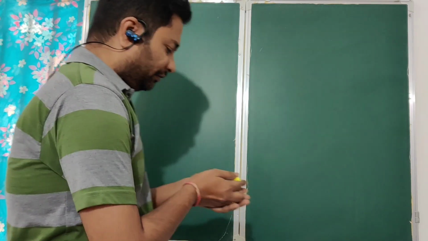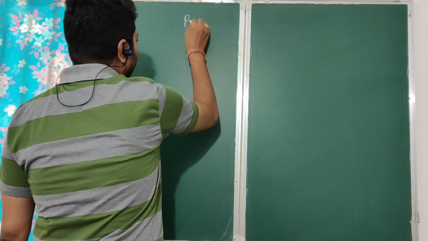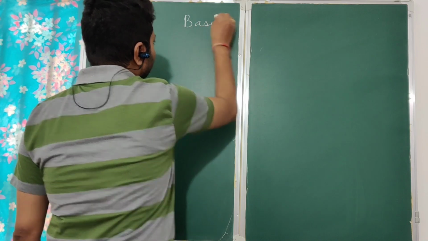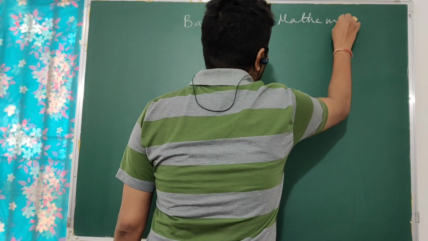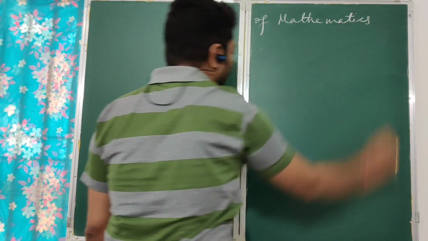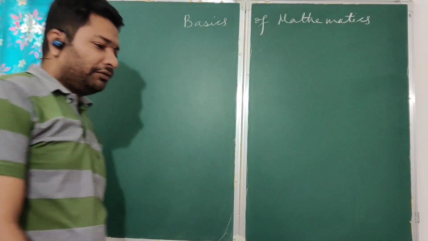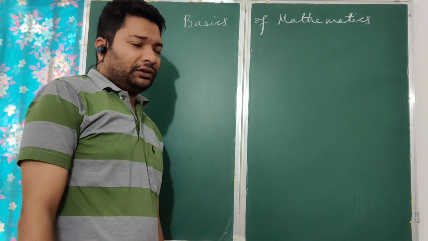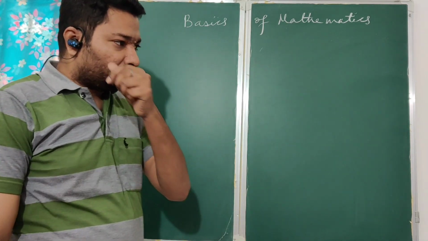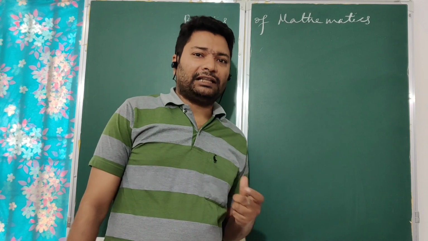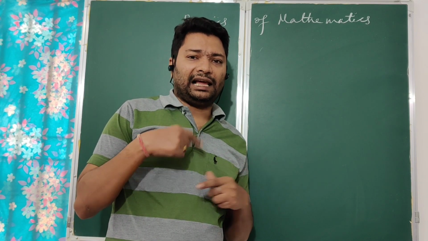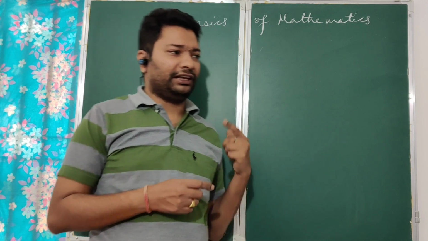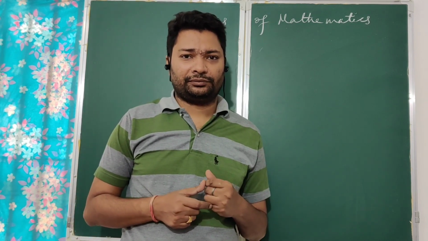So the first thing that we are going to learn, and the topic is basics of mathematics. And you know that Newton developed calculus, or tried to develop the concept of calculus, because he wanted to have some mathematical approach which will help him do calculation in case of variables which are changing.